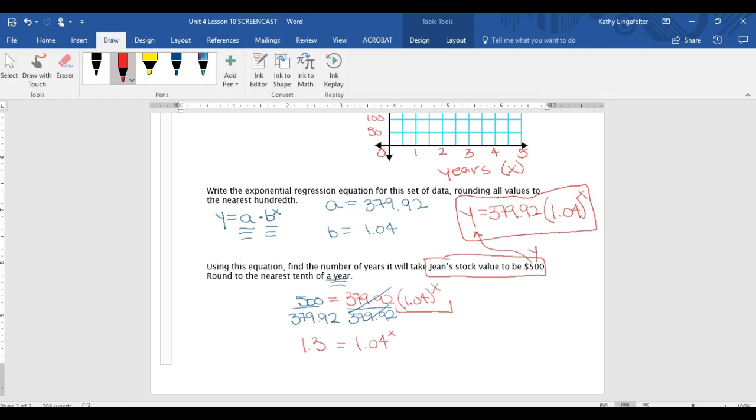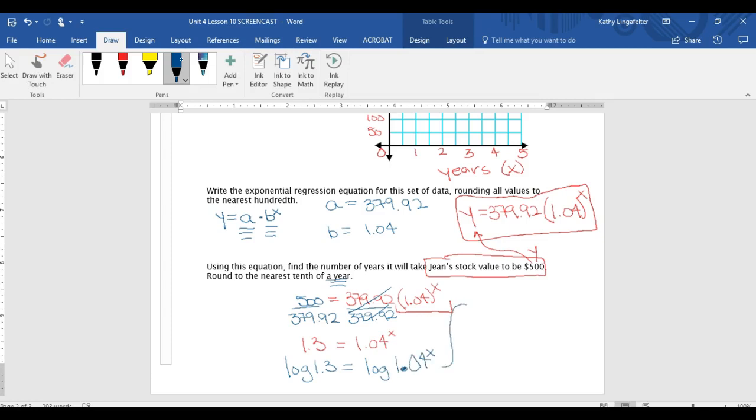Now what I'm going to do is two steps in one. Actually, no, I won't. The next thing I'm going to do, because to untrap the variable from the exponent spot, I have to use the power rule, which requires me to log both sides. So I'm going to log both sides.